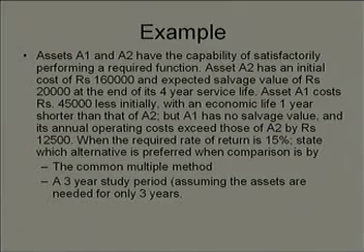Now, asset A2 has an initial cost of rupees 160,000 and an expected salvage value of rupees 20,000 at the end of its 4-year service life. So, the information on asset A2 is given to you. It has an initial cost of how much? Rupees 160,000.